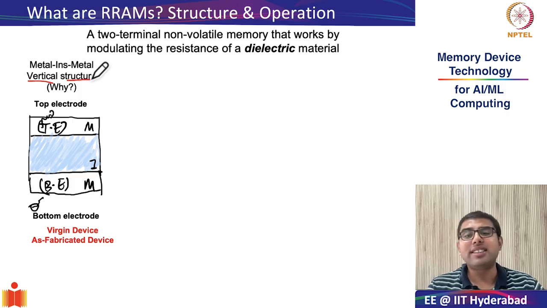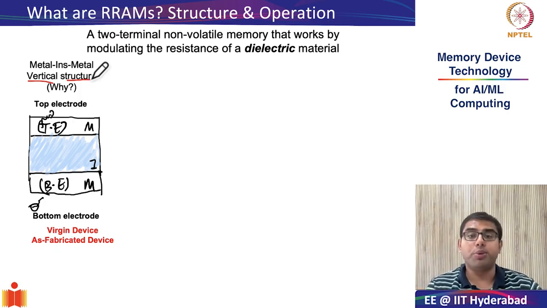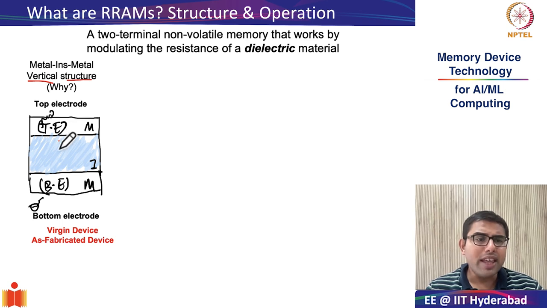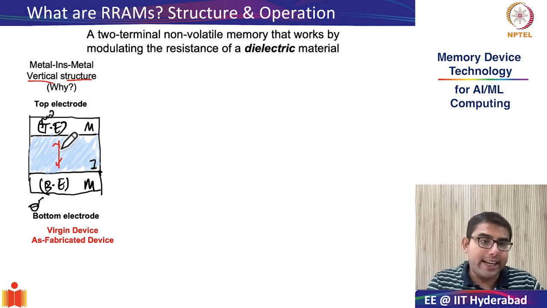Why in terms of area scalability? Remember, for the same reason, we started preferring vertical cell structures in PC RAMs also, because it is much easier to make a very thin dielectric through thin film deposition techniques like PVD or ALD than to pattern lithographically two metal contacts side by side.